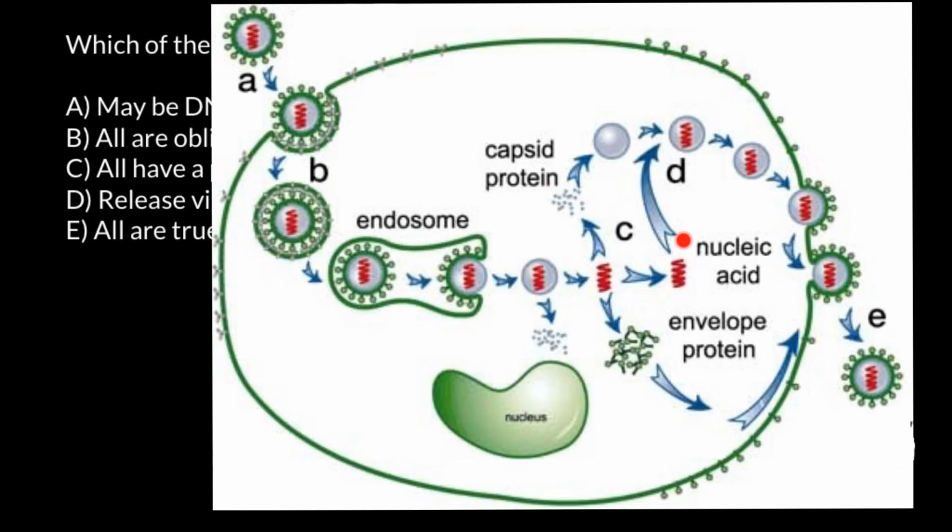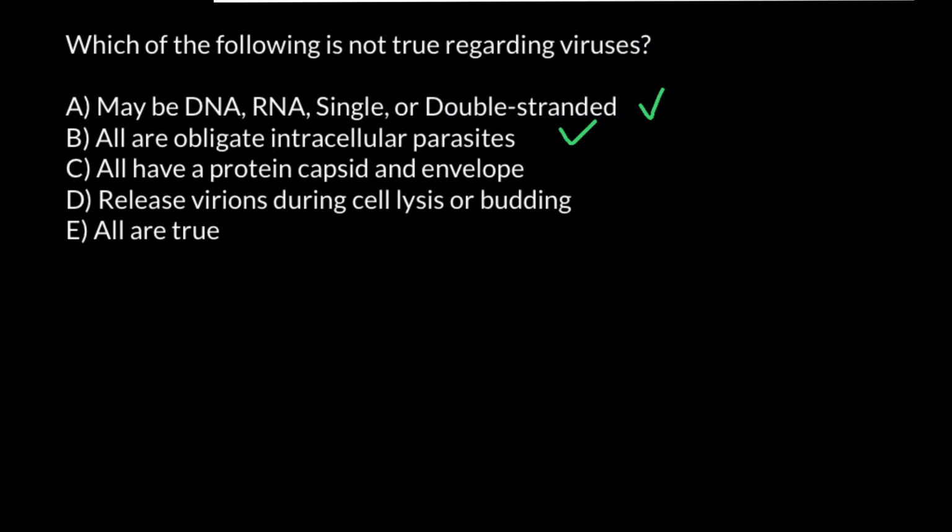It can be present in the cytosol or go into the nucleus and destroy the cell's own genome, and then replicate its own proteins and assemble inside the cell and then leave the cell. So once again, outside the cell we call the fully assembled virus a virion. So answer D, release of virions during cell lysis or budding, is also a correct statement.